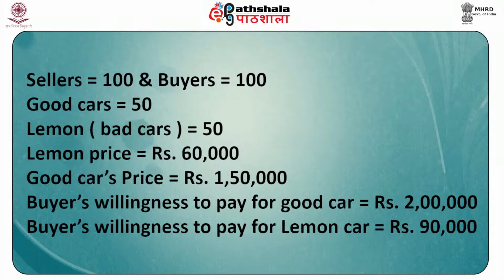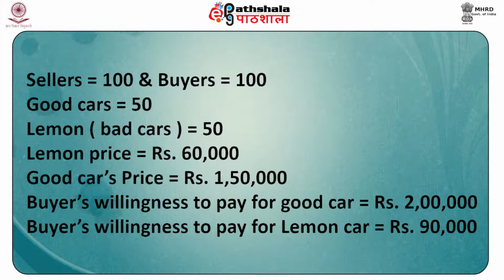Everyone knows that 50 of the cars are good cars and 50 are lemons, that is, bad cars. The quality of each car is known to the current owner, but the prospective purchasers have no idea whether any given car is a good car or a lemon.